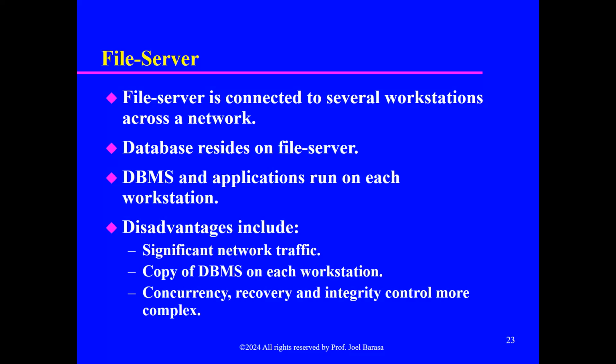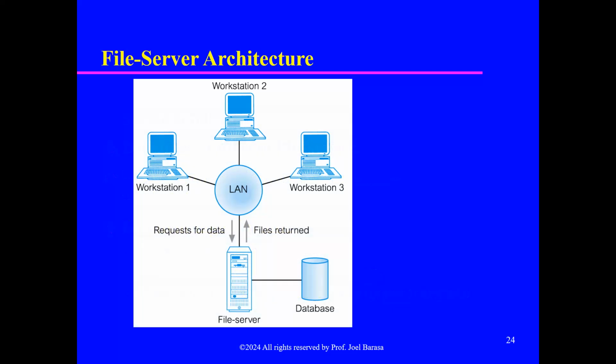Concurrency, recovery, and integrity control are more complex in that area. So file server means you can have several workstations linked to the same network, and this network is linked to the same file or main server. And the servers are connected to different databases or a single database that contains all the data that is needed.